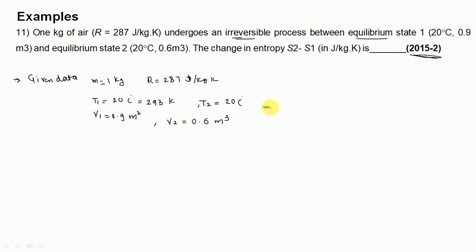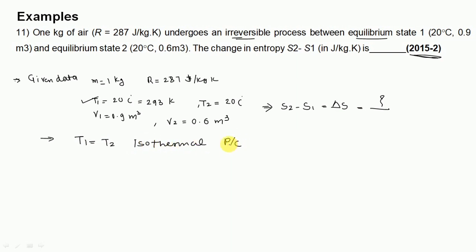Here you need to find the change in entropy. From this given data you can observe that both temperatures are the same, T1 is equal to T2, so it becomes an isothermal process.